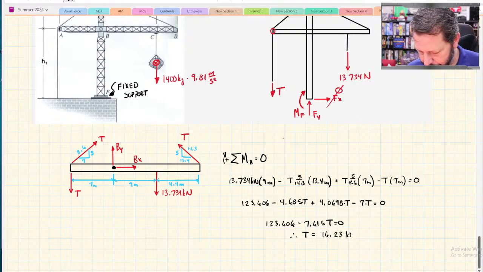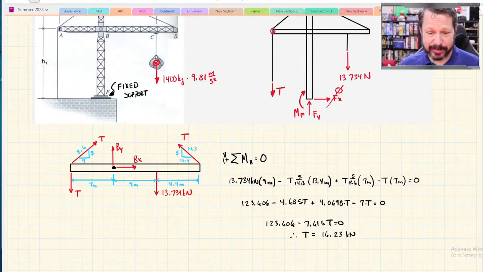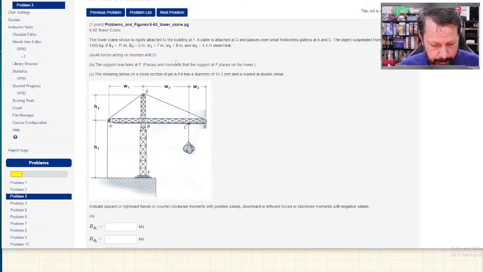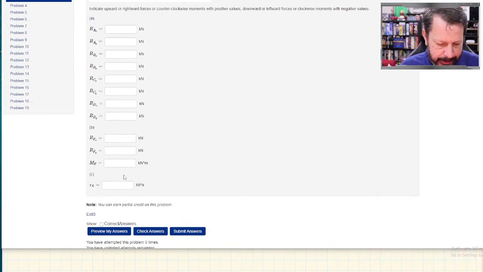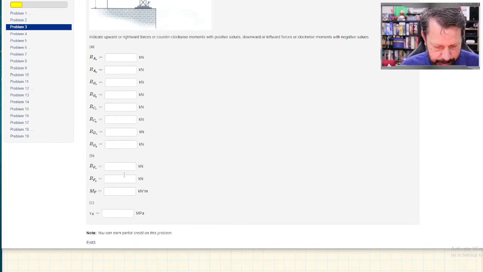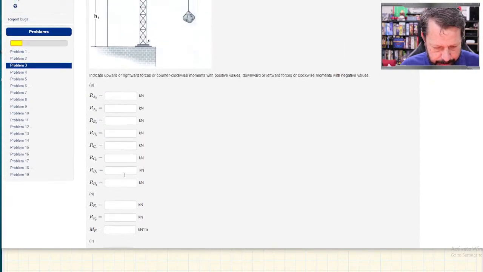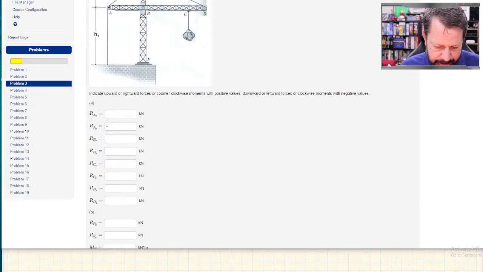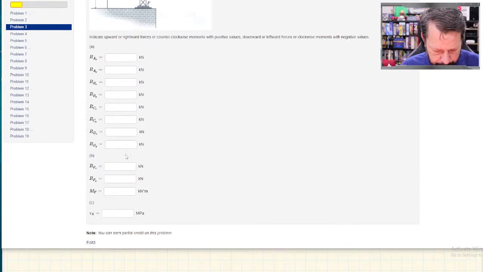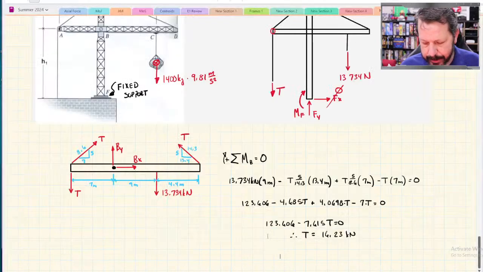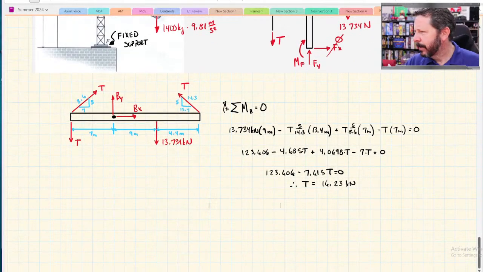That must be kilonewtons. I've left some of my units off. Let's see if that's right. Oh, do I even have? Oh yeah, no, I don't. I don't have one that tells me the tension in the cable. I've got a bunch of reactions. Oh, I've got the reactions at A, B. Yeah, I don't have one that's going to be the tension in the cable. Huh. All right. So we can't check that one. I think that's right though.